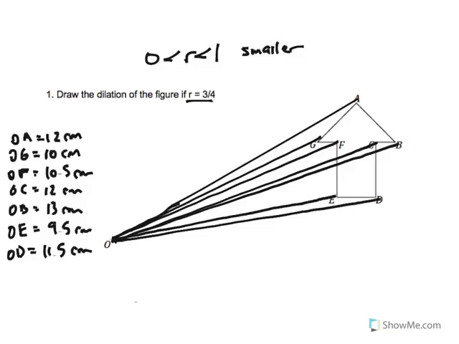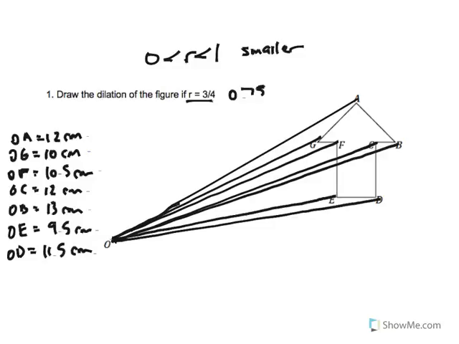So now, if we have a scale factor, or if r is 0.75, let's just use a decimal because it's easier to multiply things by decimals. If this is our dilation factor, we're going to multiply it by each one of these in order to find where we're going to put the new vertex.